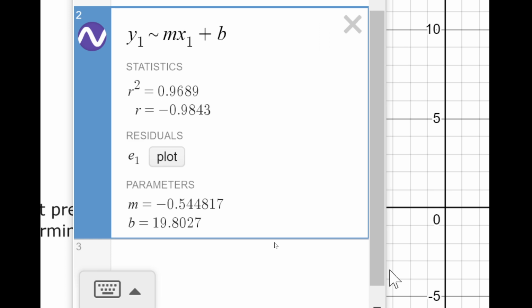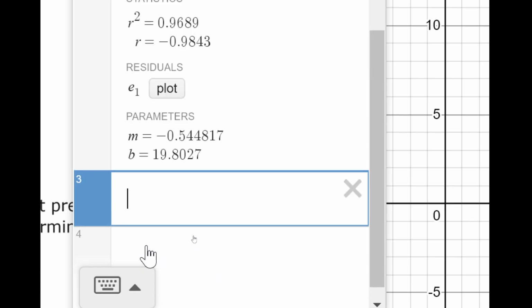So it's telling us that our equation is negative 0.544817 x plus 19.8027. So we'll go in here and type this in.